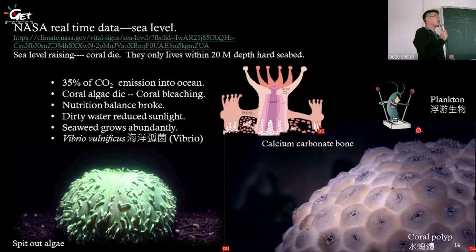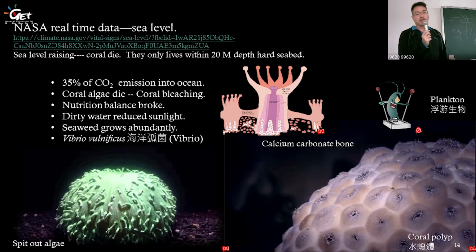But this kind of rainforest under the sea will also die because of these reasons. I'll give you a number: more than 35% of the carbon dioxide in the air will be absorbed by the ocean.